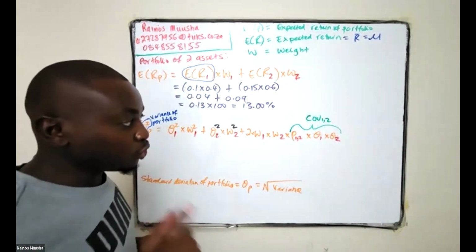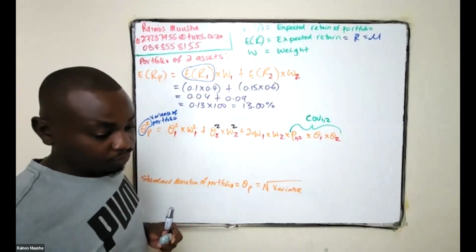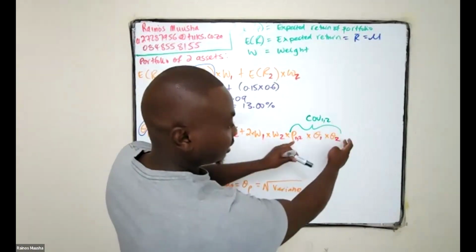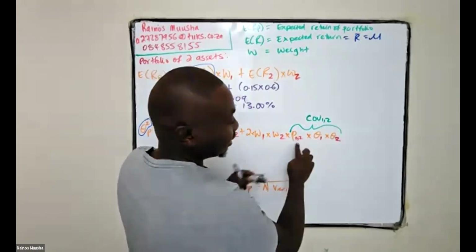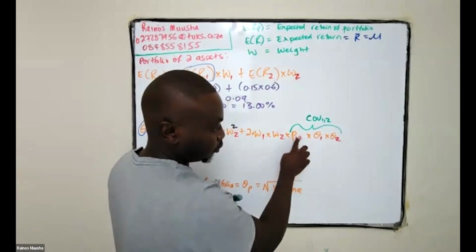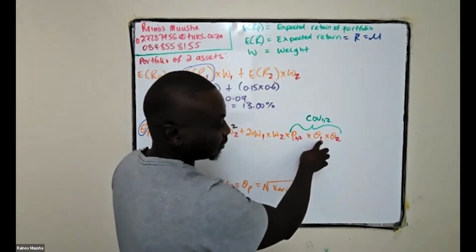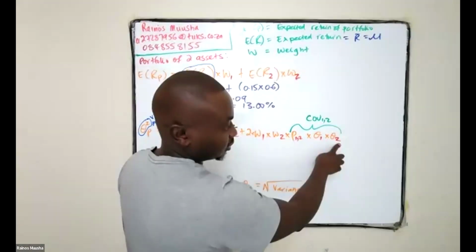So you need to check on your question, what are they giving you? Are they giving you the covariance of asset 1 and 2, which means this part is already done? Or are they giving you the correlation coefficient? If so, you need to multiply that by the standard deviation of asset 1 and the standard deviation of asset 2.